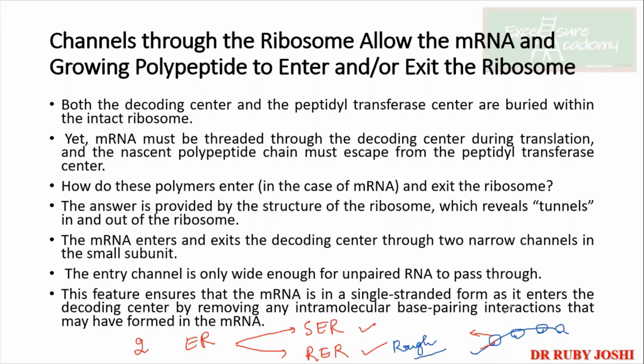Okay, so अभी आप ऐसे देखो, what exactly happens is that if you talk about rough ER, तो rough क्यों है? Because of the ribosome. Correct. Now अब कैसे होता है? If you remember in the previous lecture, हमने क्या बोला था? First it is your mRNA which comes in, binds to the 30S subunit, and then it is your 50S subunit. अब बाउंड राइबोसोम में जो आपका एंडोप्लाज्मिक रेटिकुलम में जो बाउंड है उसमें कैसे होगा?